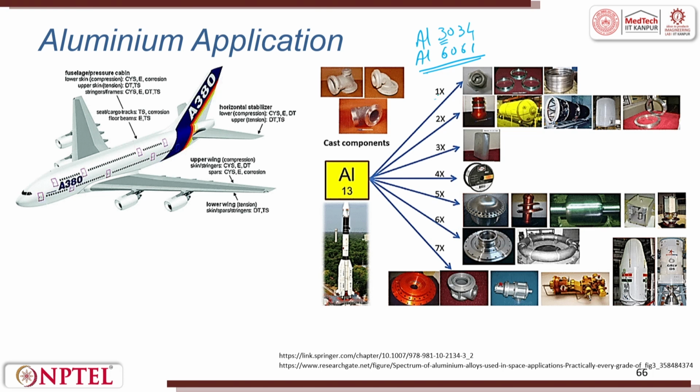Depending upon the aluminum alloy, 1x, 2x, 3x code, they find lots of applications. Generally, we prefer the aluminum 6x code, which finds lots of application, or the 2x code, like 2021, 6061, something like that.